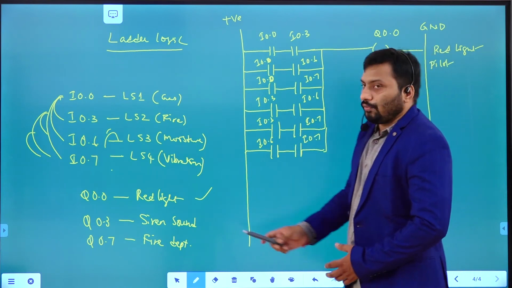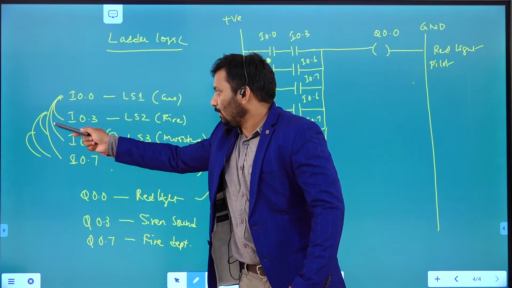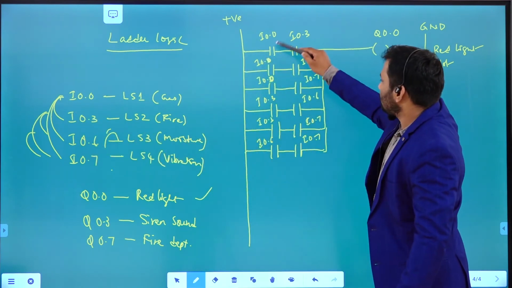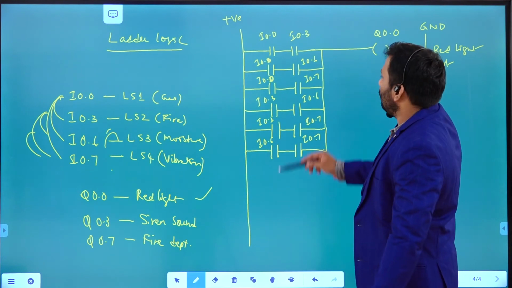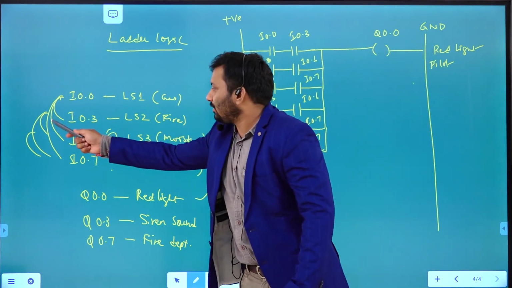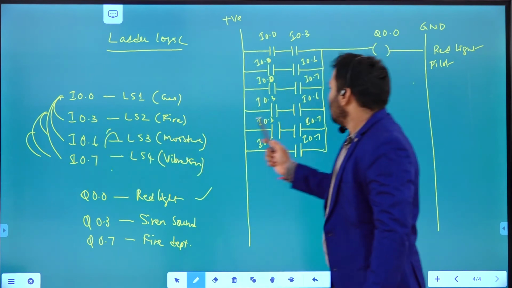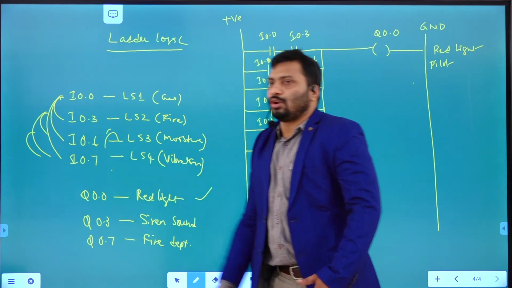See here, first combinations: I 0.0 with I 0.3, I 0.0 with I 0.6, I 0.0 with I 0.7. These are three combinations, right. And second ones: I 0.3 with I 0.6, I 0.3 with I 0.7, right. Last one: I 0.6 and I 0.7.